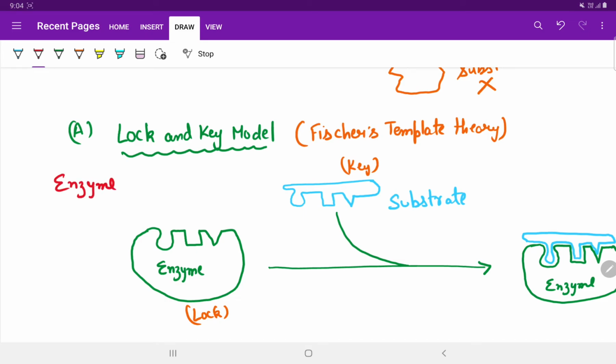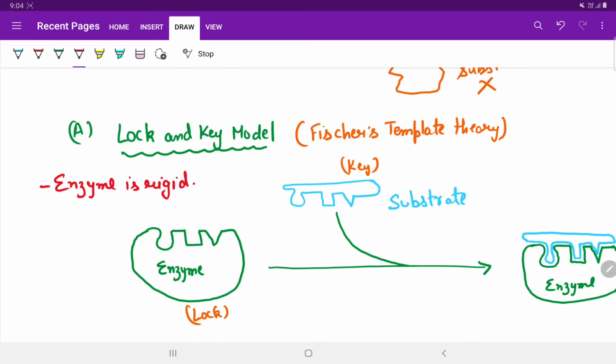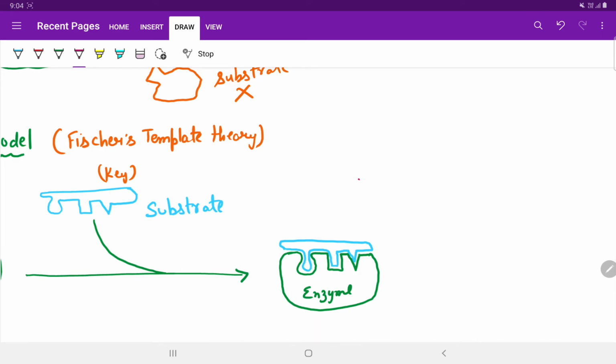So, the key points here are that the enzyme is rigid and the substrate fits to the binding site, and this model fails to explain many effects of enzyme reaction, the most important being the effect of allosteric modulators. Here there was a question mark regarding the allosteric modulation. So, this theory failed regarding the allosteric modulation of enzymes.